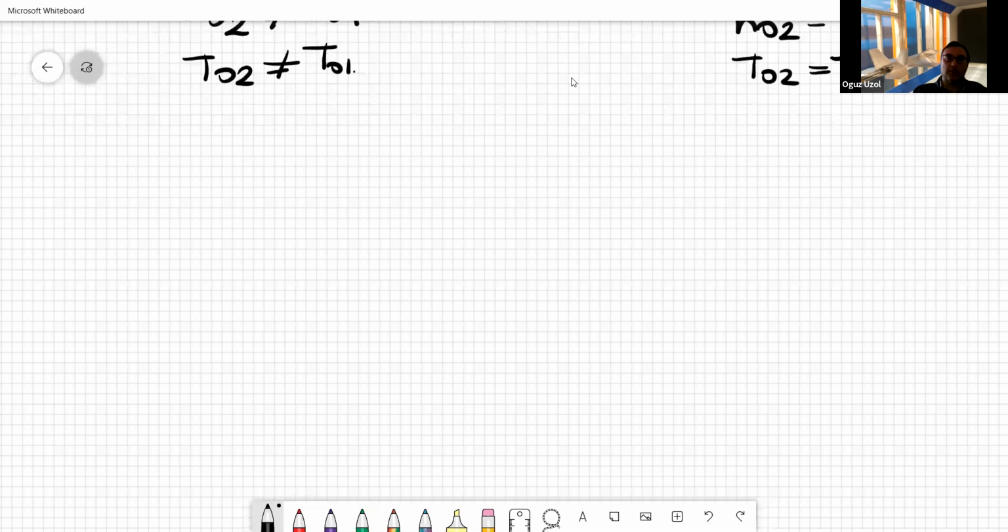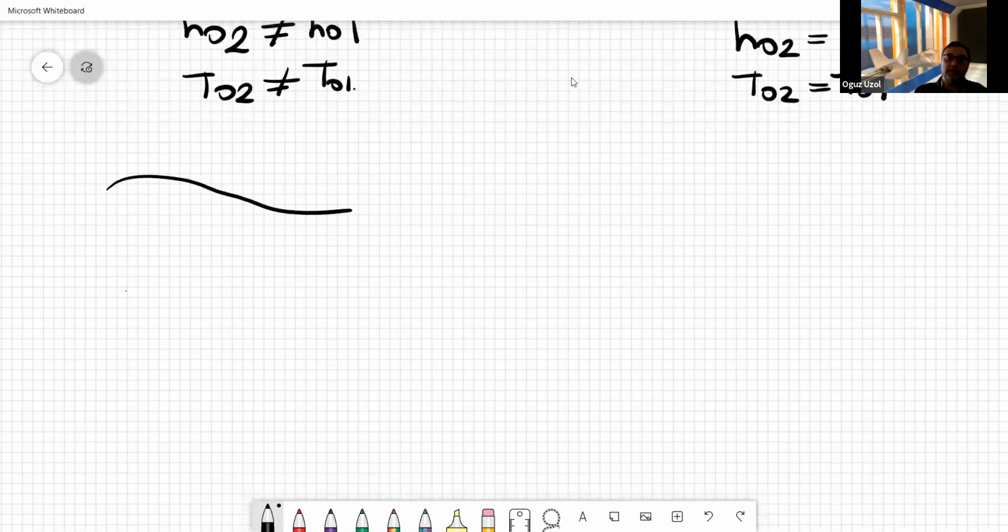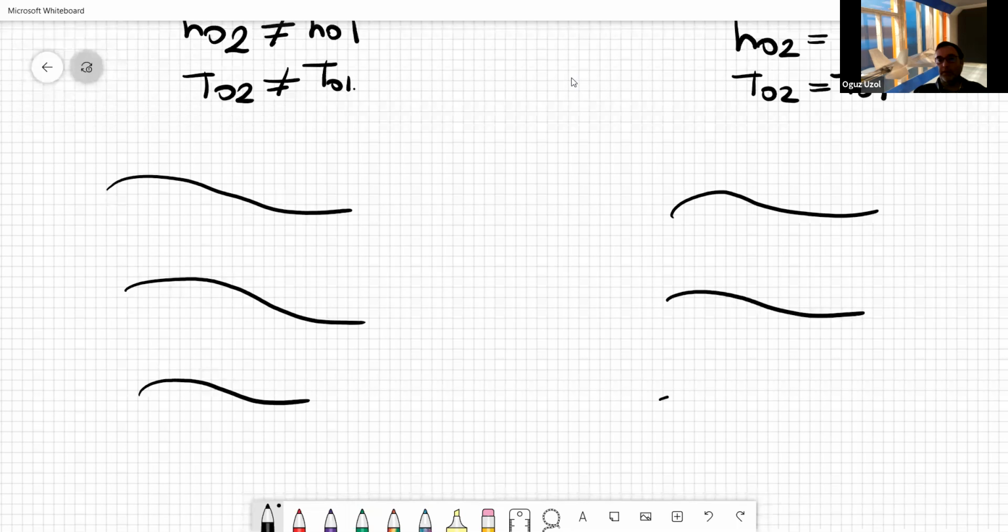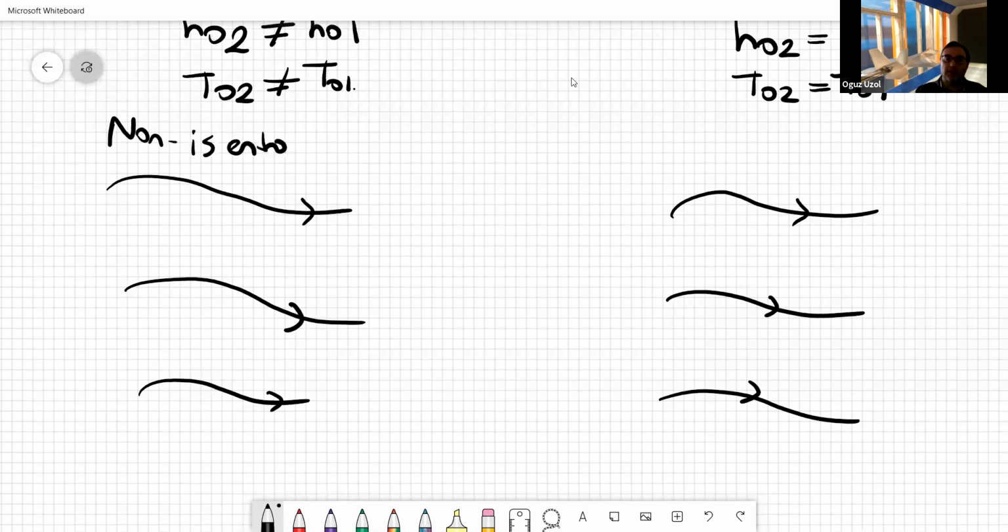So now let's compare the same streamlines. Here on the left and on the right, the flow is going from left to right in both cases. Now we will compare non-isentropic flow on the left and isentropic flow on the right, okay?